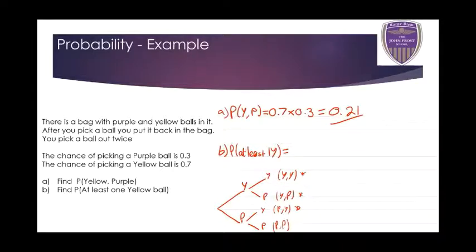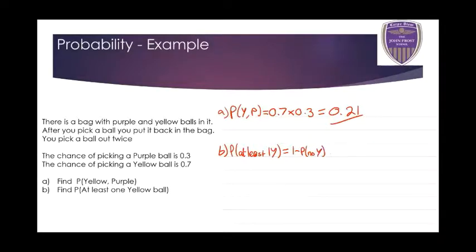And you can test this in your own time if you don't believe me. It absolutely works. But I'm just going to do it very quickly now, just to show you how easy it is to find these seemingly difficult questions. So instead of finding the probability of at least one yellow, we're going to do 1 take away the probability of no yellow.